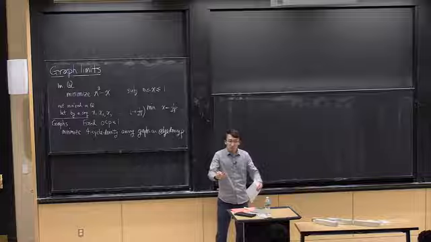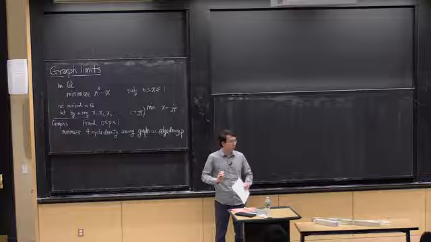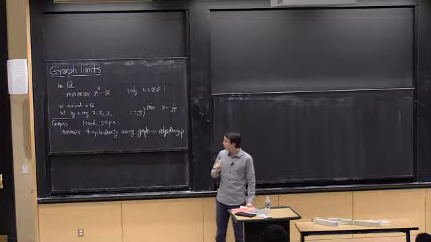This is some kind of optimization problem. I don't restrict the number of vertices. You can use as many vertices as you like, and I would like to minimize the 4-cycle density.